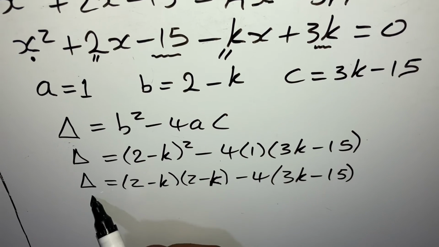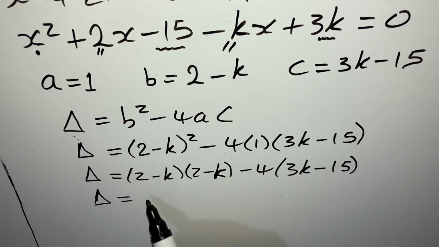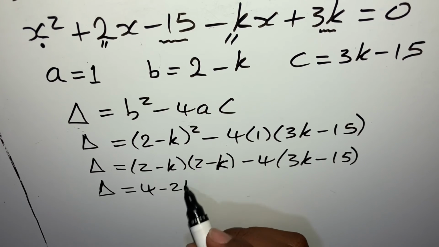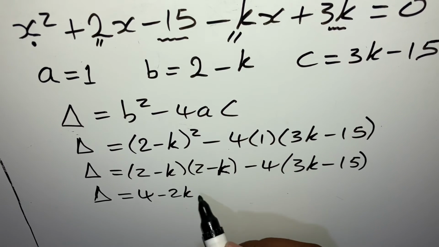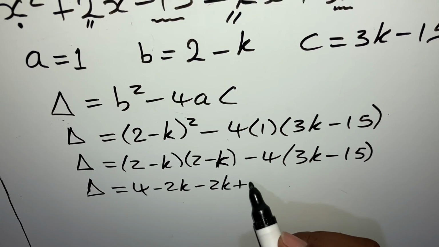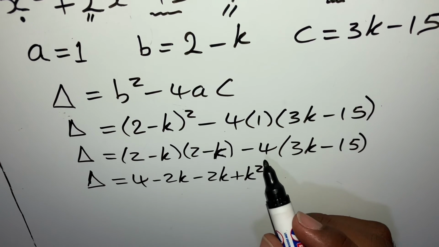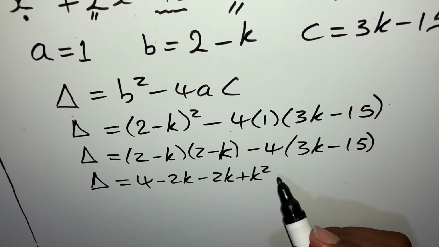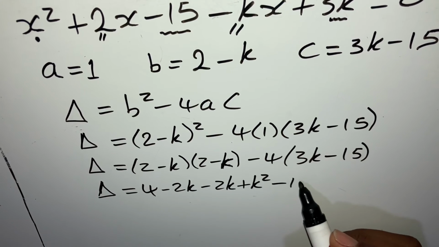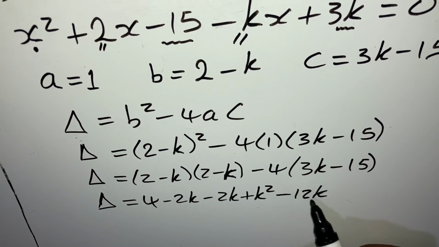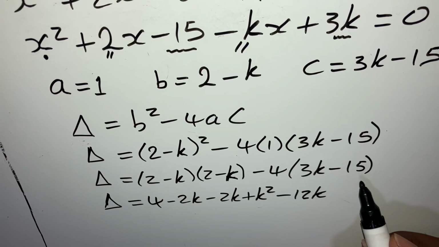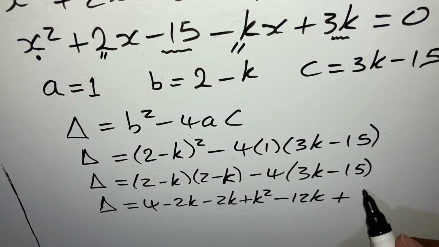Then we go on to do our FOIL method here, which is delta is equal to 2 times 2, it's 4, 2 times negative k, it's minus 2k, negative k times 2, minus 2k, k times k, it's k squared, then negative 4 times 3k, we get negative 12k, negative 4 times negative 15, it's plus 60.